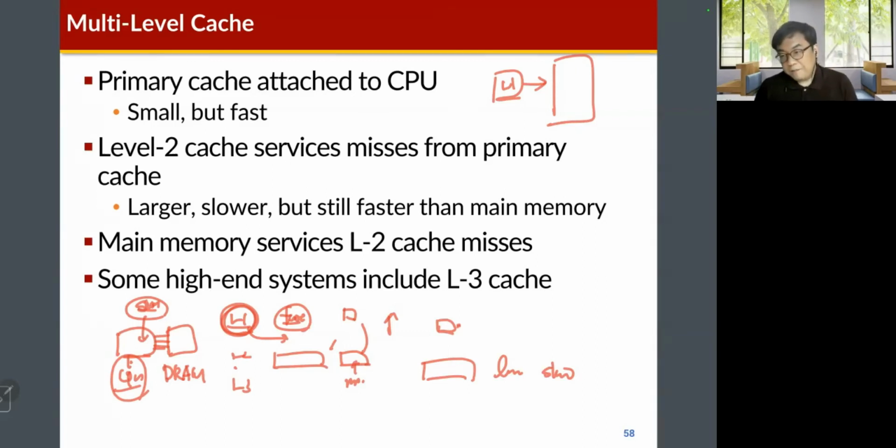If the hit time is high, we can calculate the AMAT, the average memory access time, as the hit time plus miss rate multiplied by miss penalty, right? So hit time is also very critical for the performance of cache, and for the memory hierarchy.